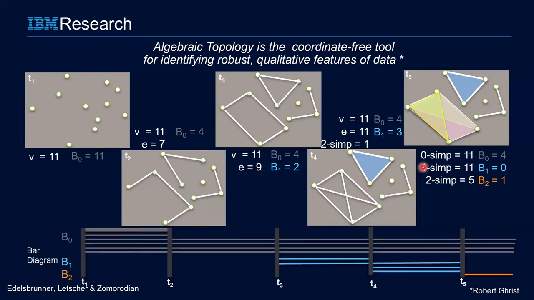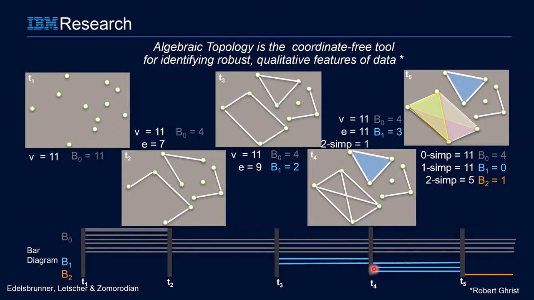But of course, with these holes there's a little bit more detail to it, and this is called a bar diagram here. In the bar diagram, let's follow B0, B1, and B2. For B0, imagine that you're seeing 11 lines here, and then you see 4 lines till the end of time. So B0 was 4 throughout. Then for B1, you have 2 lines here, and then 3 lines here.